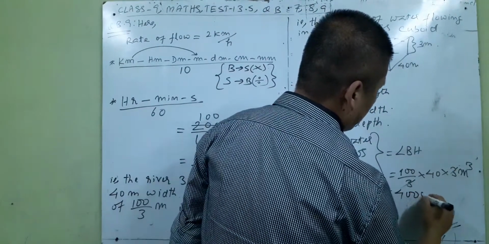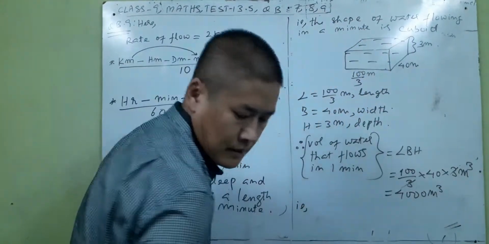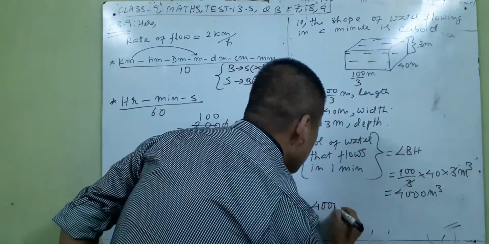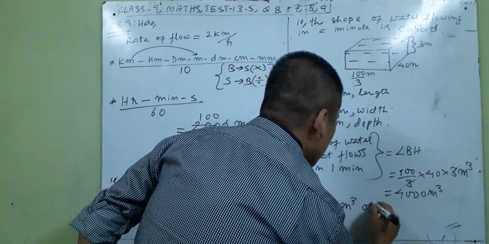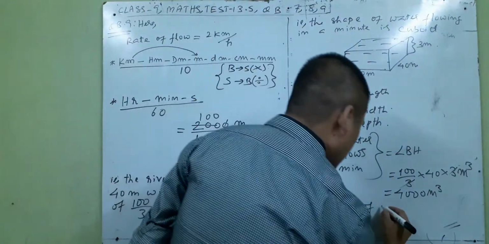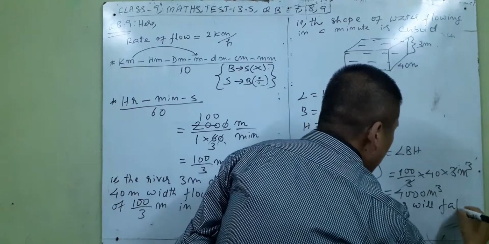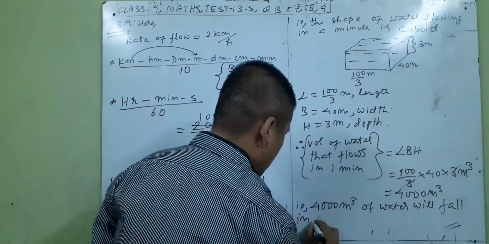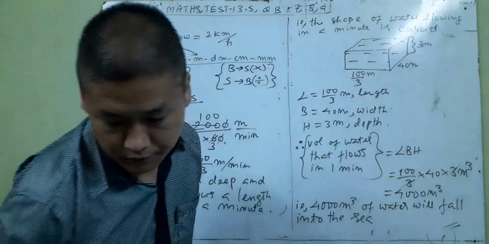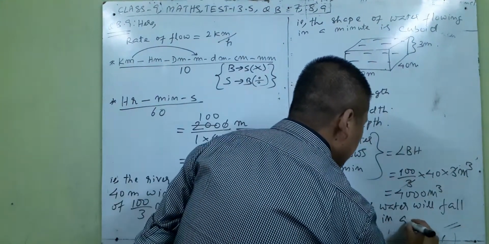So we have here 4000 meter cubes. So our answer is finally, in textbook form, you can write here 4000 meter cube of water will fall into the sea in a minute. That's your answer. In a minute.